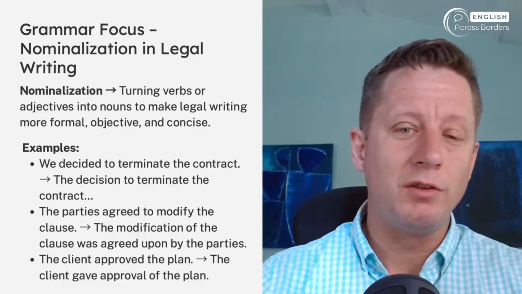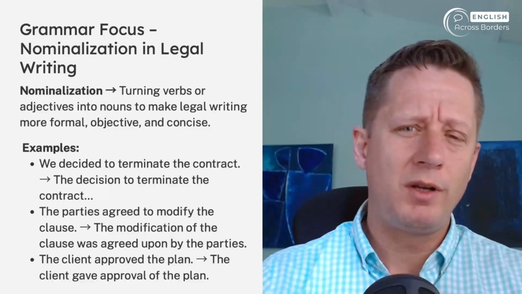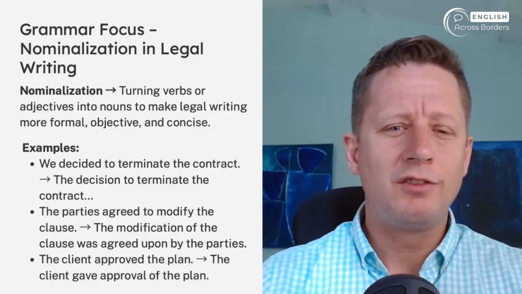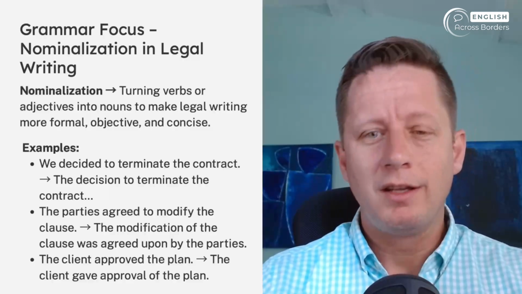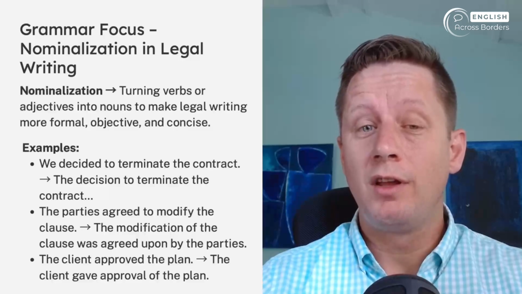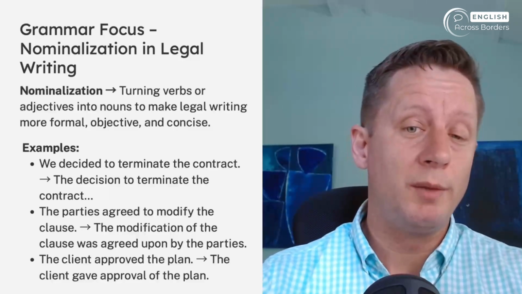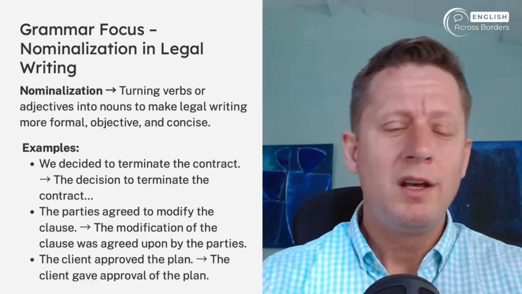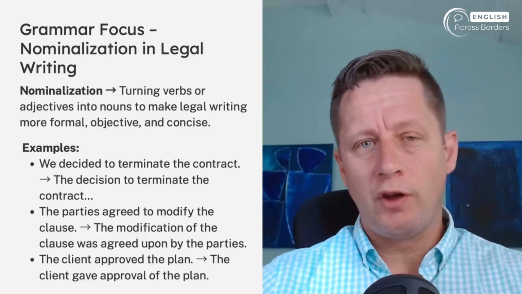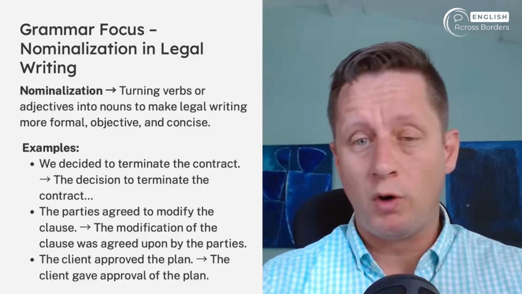When we change it to, "The decision to terminate the contract," the tone becomes objective and suitable for a legal document. Similarly, "The parties agreed to modify the clause" becomes, "The modification of the clause was agreed upon by the parties." Nominalization helps lawyers focus on the result of an action rather than who performed it.